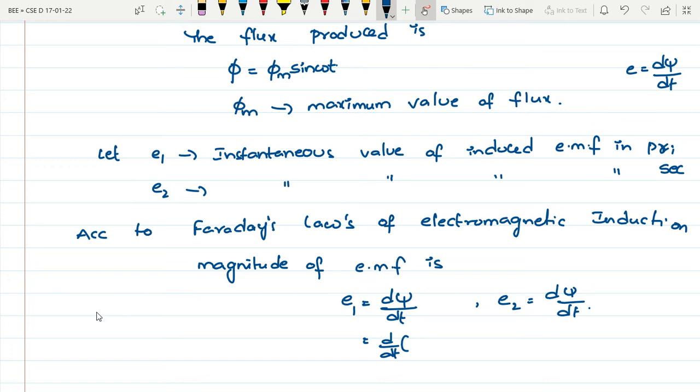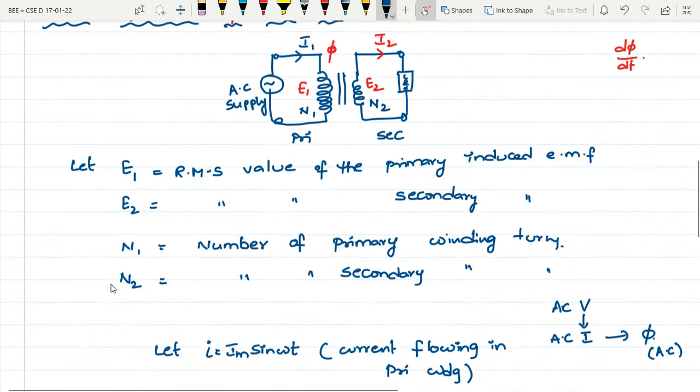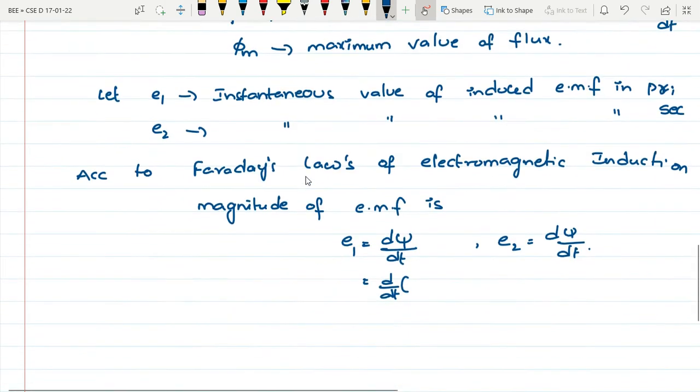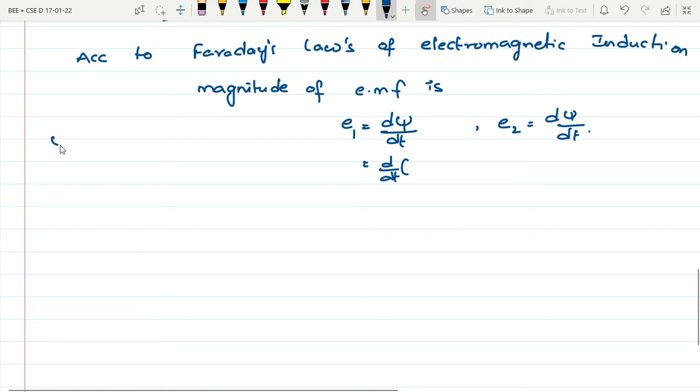So phi is the flux per turn. For one turn, flux is phi. Here, how many turns are there in the primary winding? N1 turns are there. Then what will be the total flux? Total flux in the primary winding? Psi is nothing but total flux.